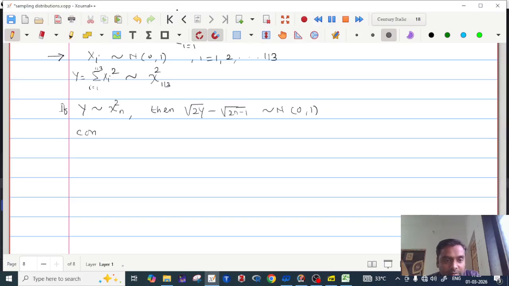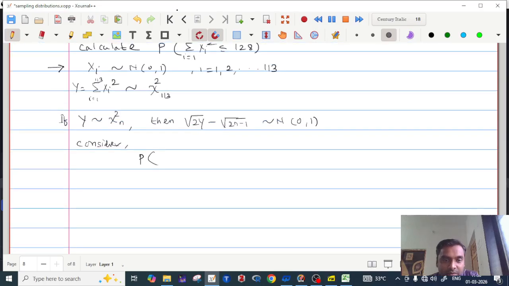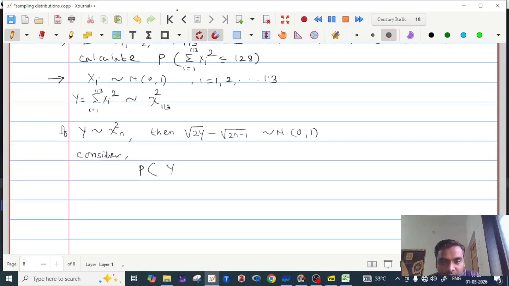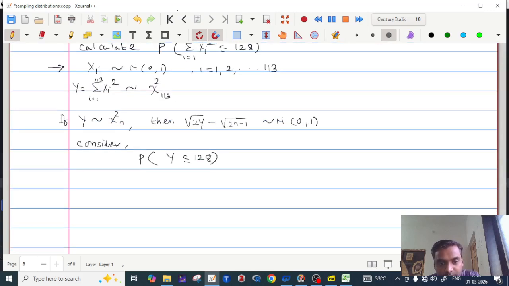Consider the probability of summation Xi square, we call this Y, less than or equal to 128. This equals the probability of, now make this adjustment, under root 2Y less than or equal to under root.